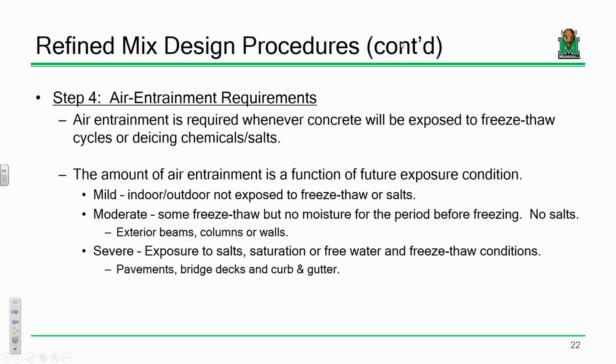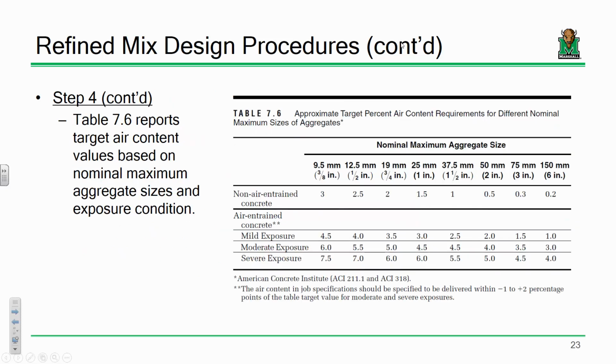Moderate freeze-thaw cycles might be something like this column, because it's not on the inside of the building, but it's right there on the edge, so it's somewhere in between. Severe exposure to freeze-thaw cycles would be something like a bridge deck or a bridge element. They're completely outside, not protected at all, so air entrainment is definitely going to be necessary for those conditions.